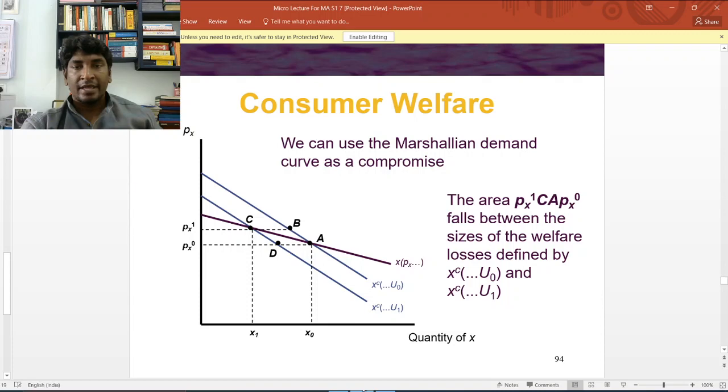This portion, between the size of the welfare loss defined by this utility U0 and U1.